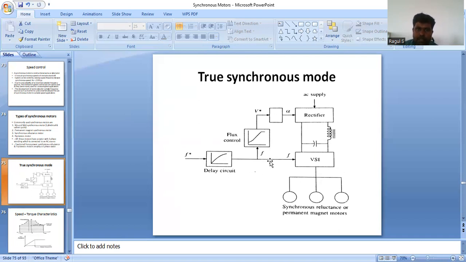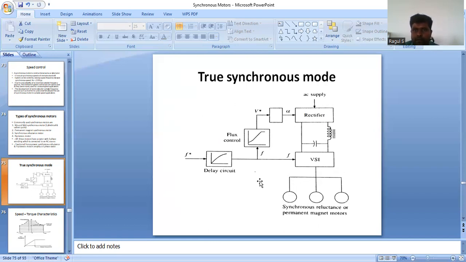At the same time, as the frequency level varies, the flux value will vary, the flux in terms of voltage. How much voltage we need to vary is determined in terms of firing angle, so we use a specific controller that changes the firing angle.